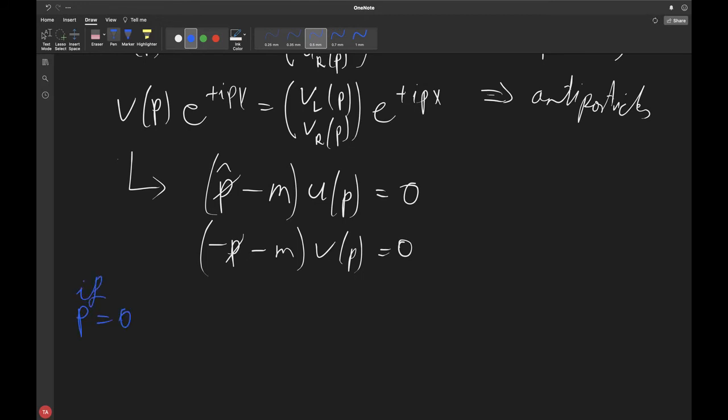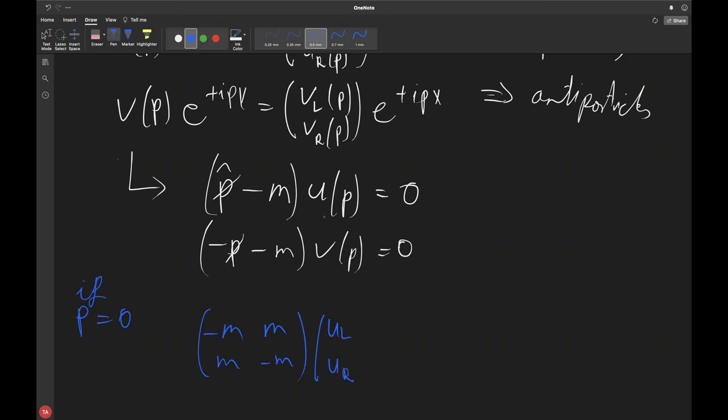Then the equation simplifies: we just have the minus m acting on u left, and the plus m acting on u right.